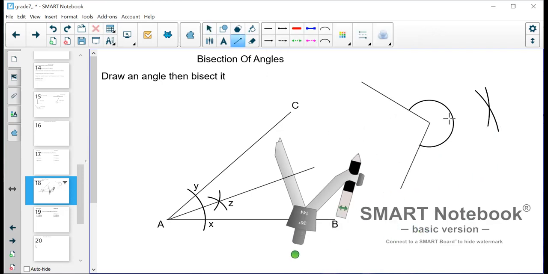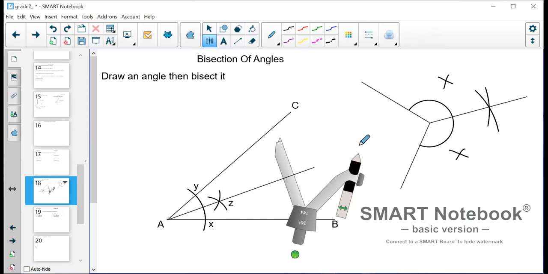Then I'll draw a line from the vertex straight across through the intersection, and there I would have divided an angle. We don't know the size of the angle, but this side would be equal to this other side. So those are the steps in how you bisect an angle.